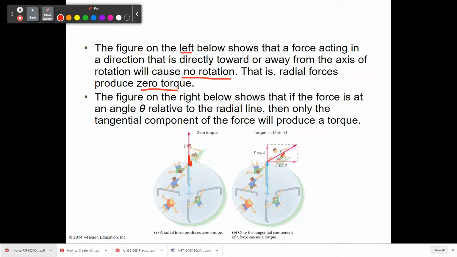But if he applies that force at an angle, like you see over here, then that is going to cause rotation. If the force is at an angle relative to the axis of rotation or the radial line, then only the part of that force that is tangential will produce torque. So he may apply a force in this direction, but only that component of that force is going to cause any rotation.